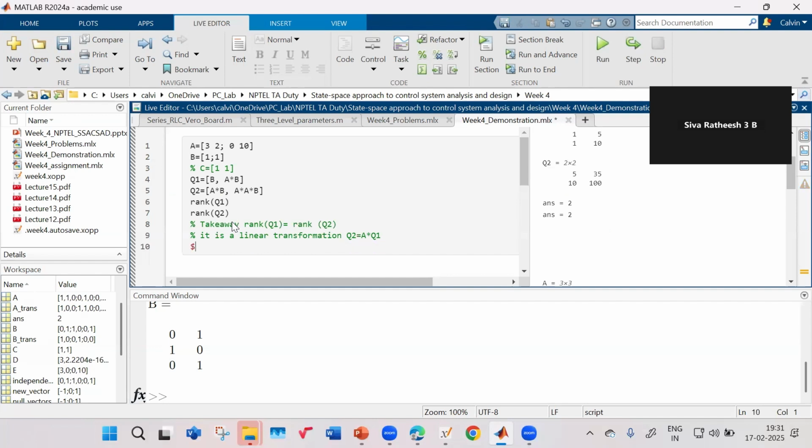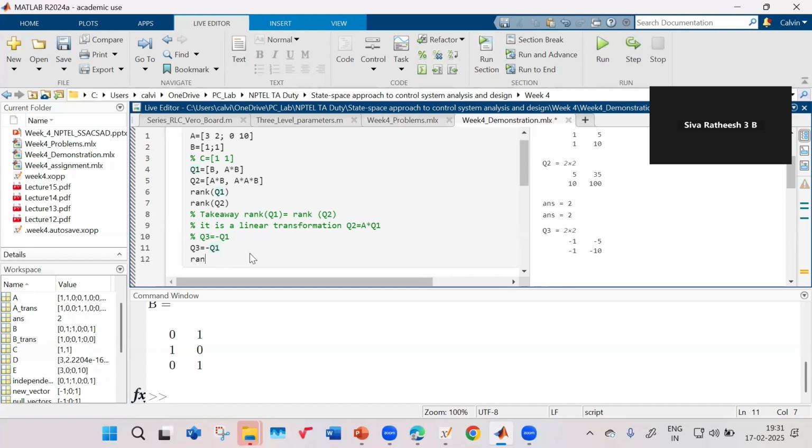Now, let us assume my Q3 is equal to minus Q1. Then will the rank change? I don't think it will change. We take Q3 equal to minus Q1, and you find the rank of Q3. If you run it, the rank of Q3 remains 2, so it is still controllable.